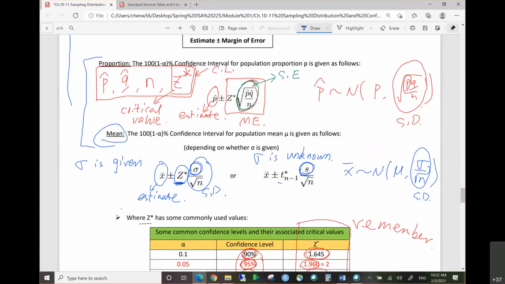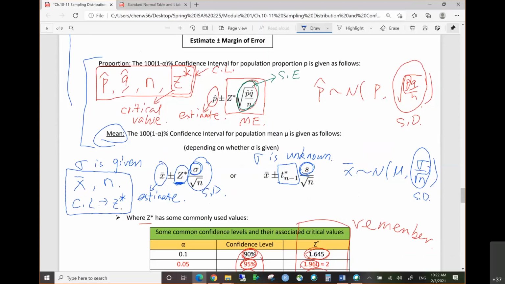You will have the t star, because once you replace sigma by S, the distribution changes from the normal distribution to the t distribution. If you have the sample mean, the sample size, and the confidence level, you can find the z star. So there's no problem when sigma is given.